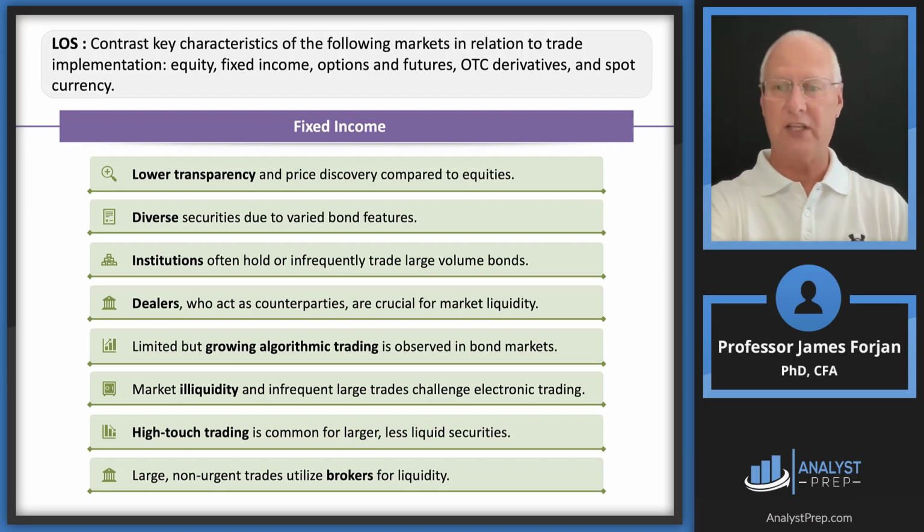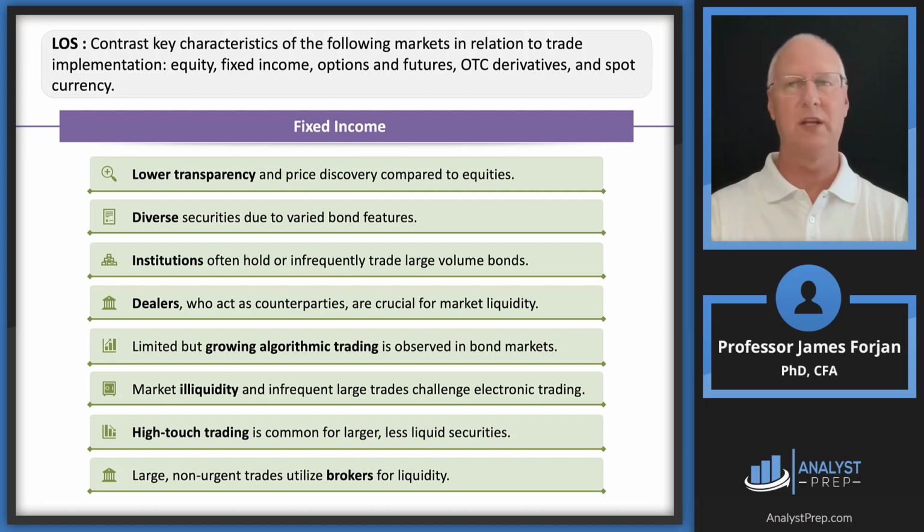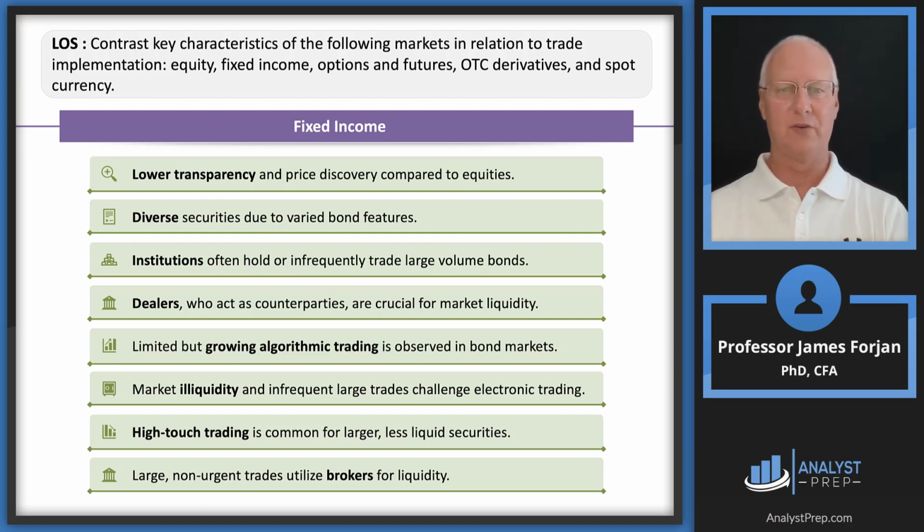It's not physically 100 people, but in that order book and the flow book, there'll be lots and lots of activity. But not so in the fixed income market. There might be just one other person for this particular bond that has this particular maturity date and this particular yield to maturity, et cetera, et cetera. That's the second box there. Diverse securities due to varied bond features.